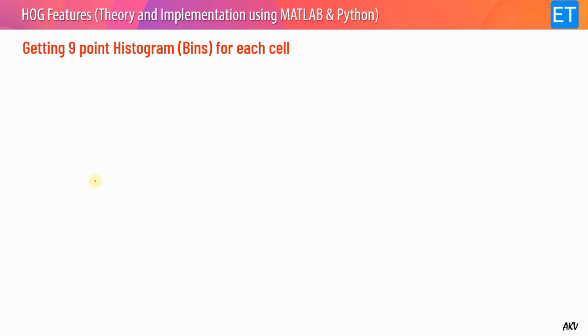And now let's see the important part, that means the computation of the histogram from these 8 by 8 cells. Let's see how this is done. We have the number of bins as 9. I mean the length of the histogram is 9, from 0 to 8, and all theta orientations, I mean angle orientations, I am taking from 0 to 180 degrees only.